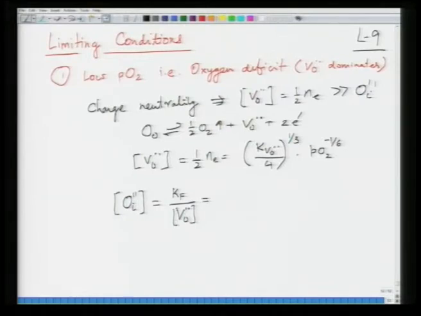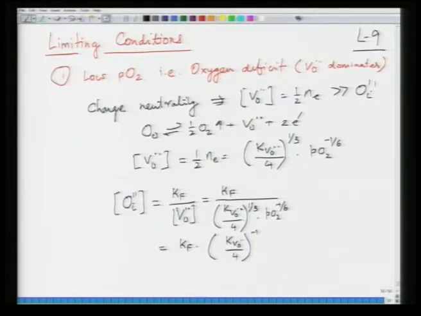So, this becomes Kf divided by KVO divided by 4 to the power 1 by 3 into PO2 to the power minus 1 by 6, and this becomes equal to Kf into KVO divided by 4 to the power minus 1 by 3 into PO2 to the power plus 1 by 6.